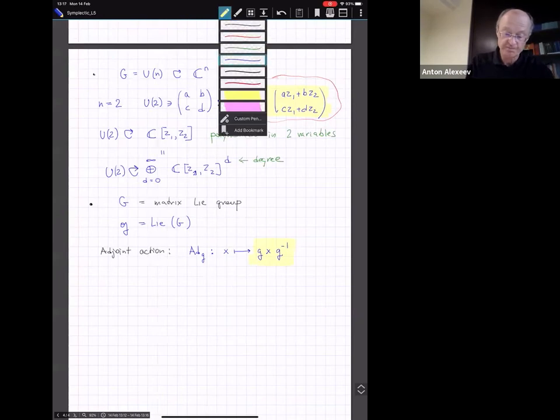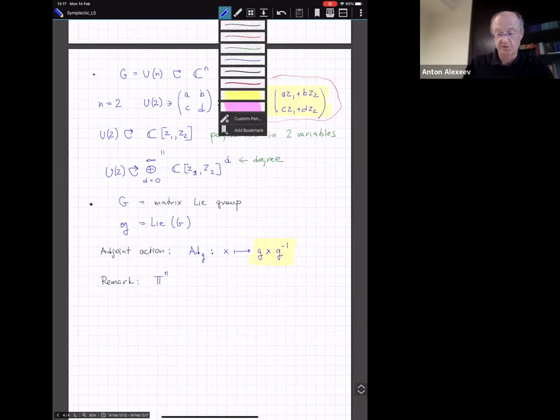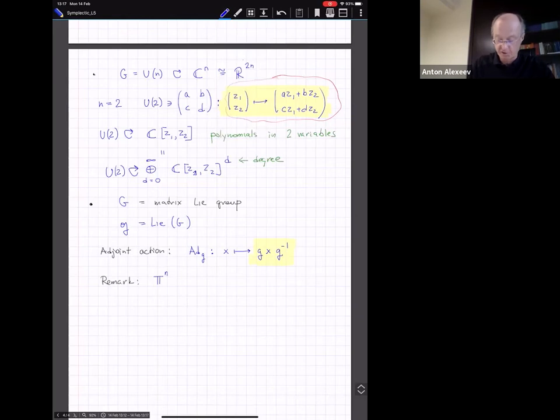So maybe one small remark. Recall that Tn is a group of diagonal matrices, and the corresponding Lie algebra is the Lie algebra of diagonal matrices. So then for Tn, the adjoint action is simply trivial.